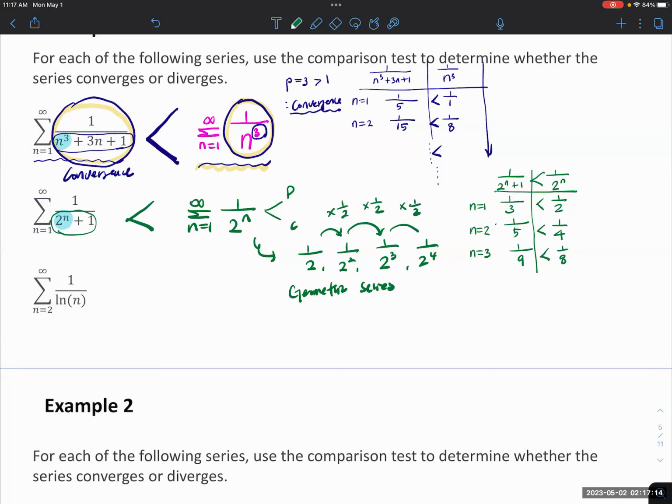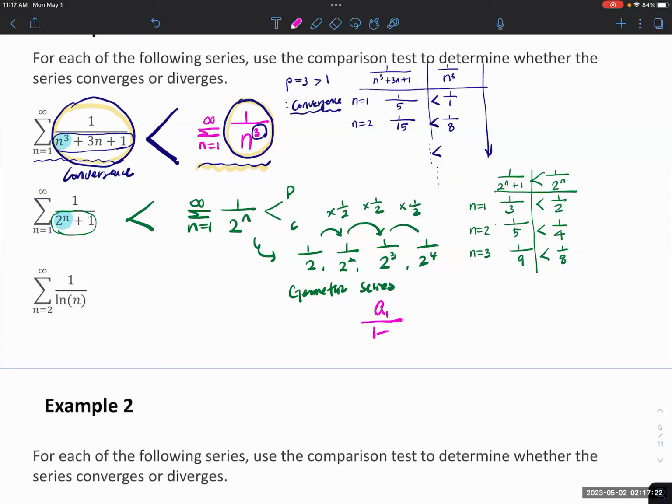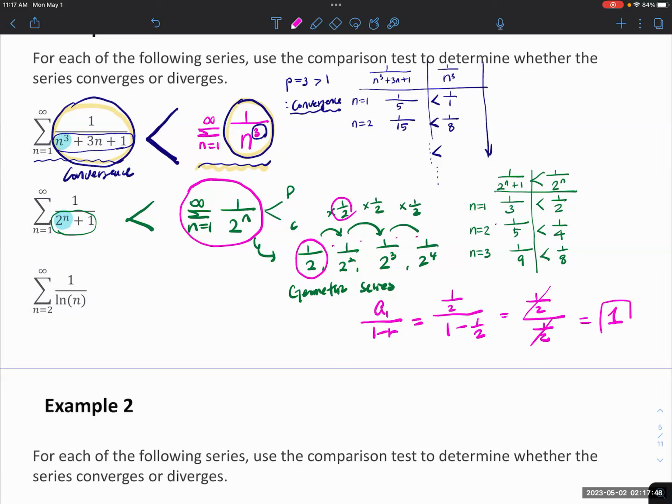So how do I find out if you have a geometric series? The formula is a1 over 1 minus r. If it's a specific number, it is a convergence. A1 is the first term, 1/2, and the common ratio is also 1/2. So 1/2 over 1 minus 1/2 is going to be 1. So what does it mean? If you keep adding 1/2, 1/2 to the second, they're heading to 1. So this is a convergent series.